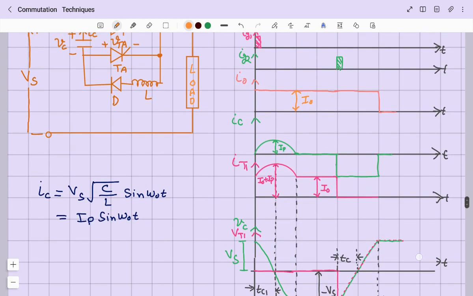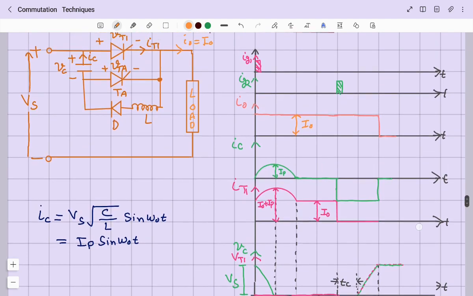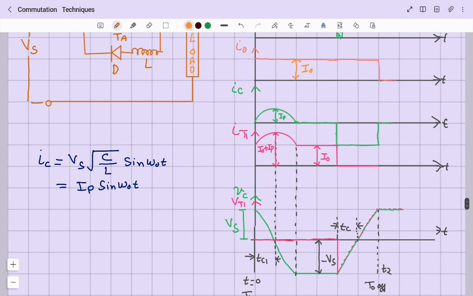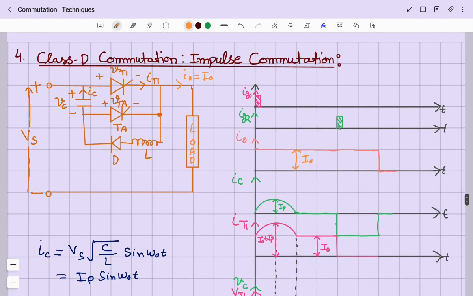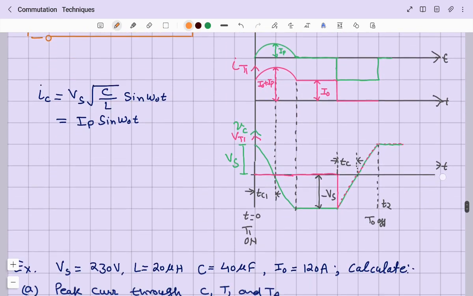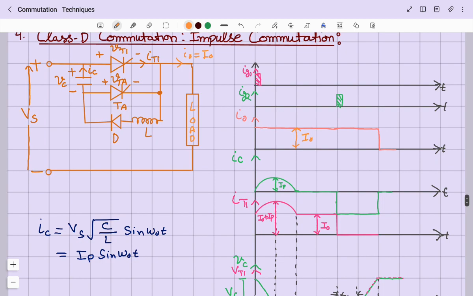The capacitor is charged through the constant load current I0. The moment the capacitor is charged up to plus Vs, the auxiliary thyristor automatically gets turned off, and the circuit is commutated, meaning there should not be any current.